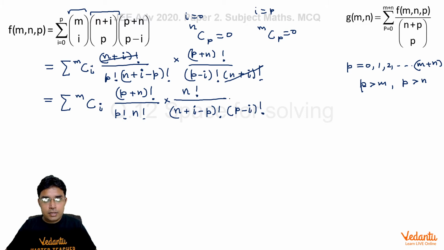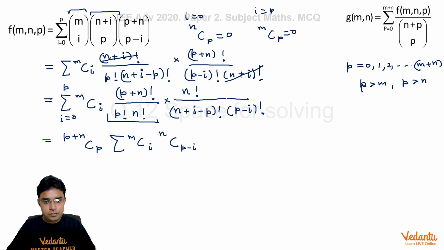Now if you notice, this middle term is actually p plus n Cp, which is independent of i. So we can take this out from the sigma sign as common. So here it would be p plus n Cp into sigma of mCi into nCp minus i, i is equal to 0 to p.